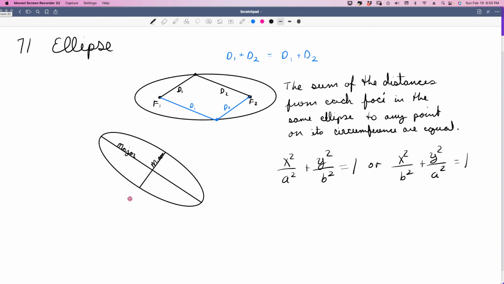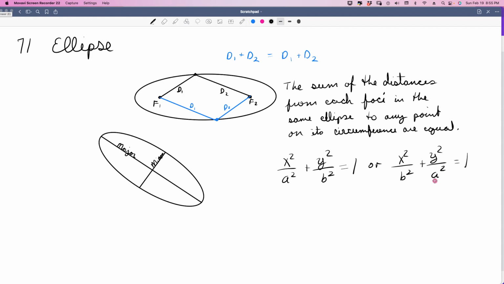It's just the shortest axis that cuts the ellipse in half. Now, the standard formula for an ellipse is x squared over a squared plus y squared over b squared equal to 1, or it could also be x squared over b squared plus y squared over a squared equal to 1.